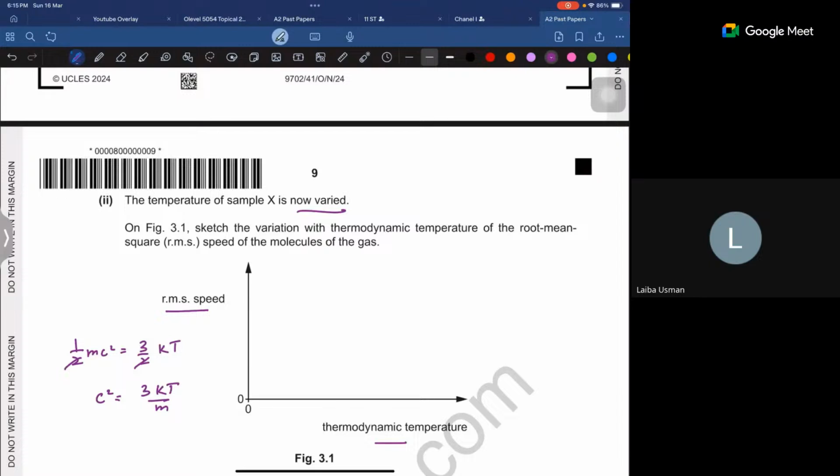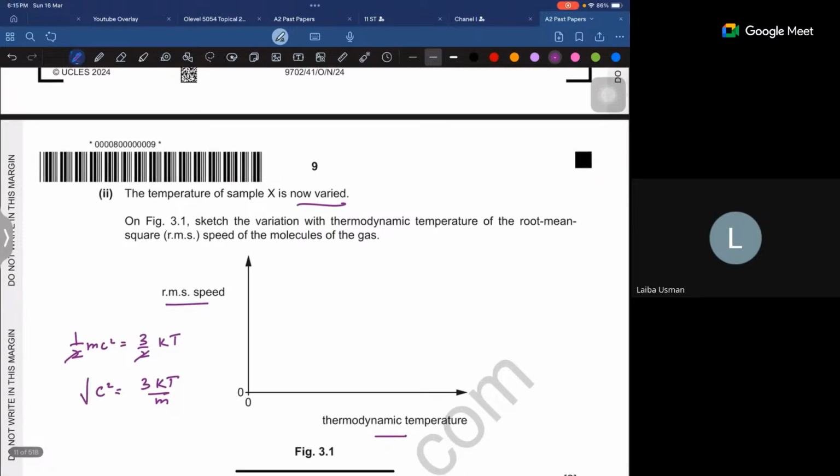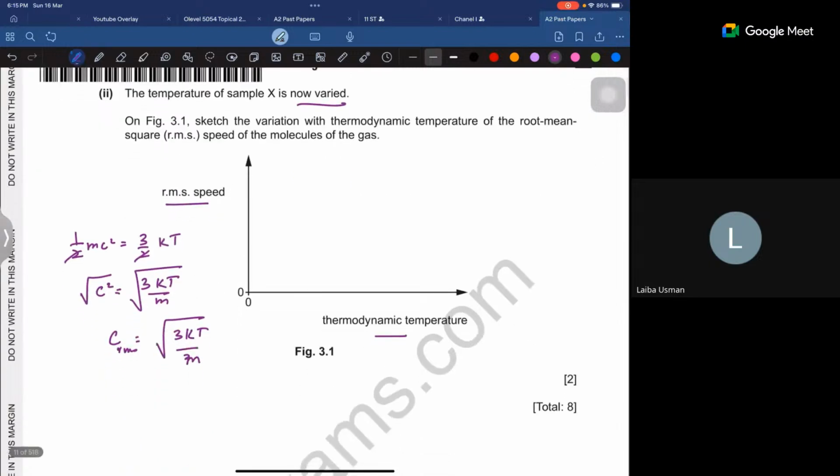Okay. All right, kids, I'm back. So now we're going to see what's happening. We want RMS, which means we have to take the root of this. So c RMS equals under root of 3kT over m. Now all these things are constant.